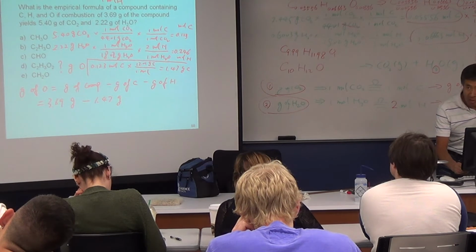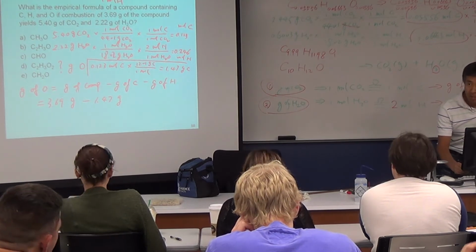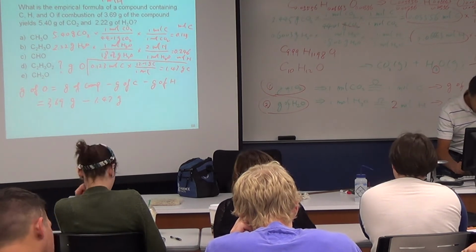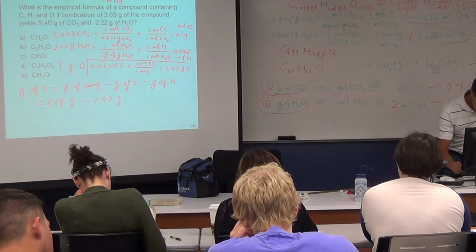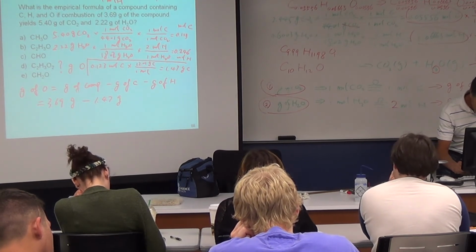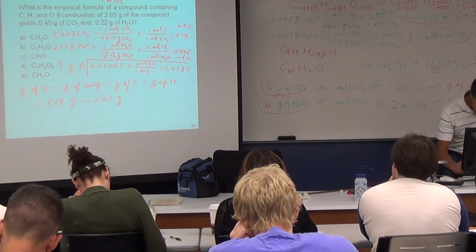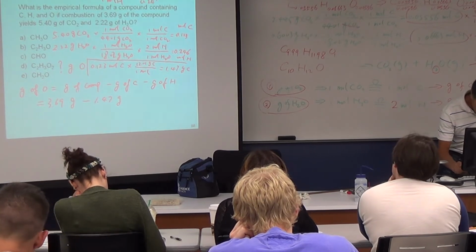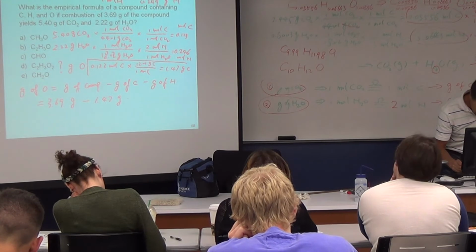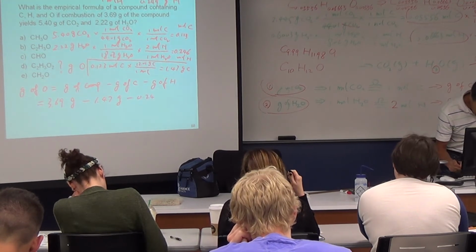So what do we get? How many grams of H? 0.249, sorry. Minus 0.249.